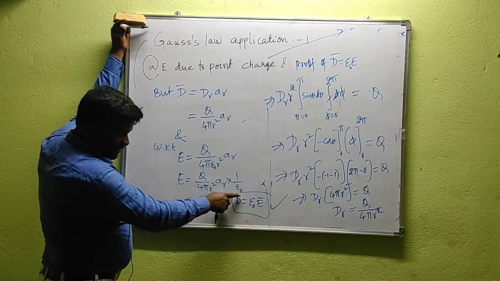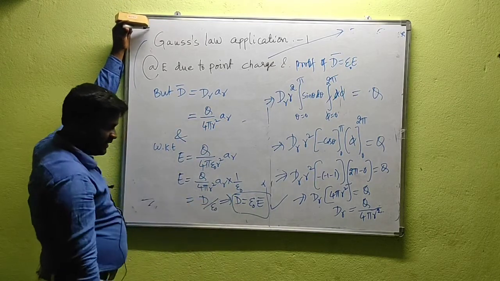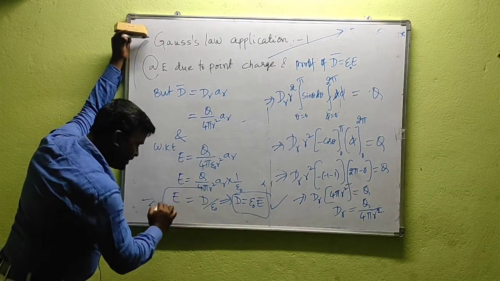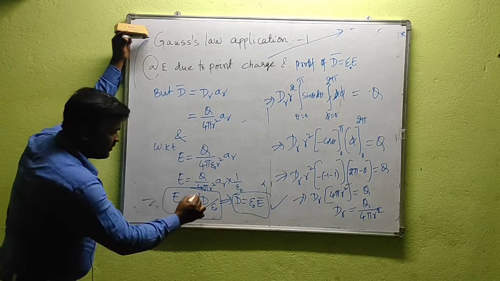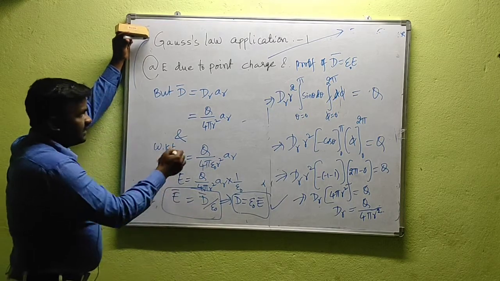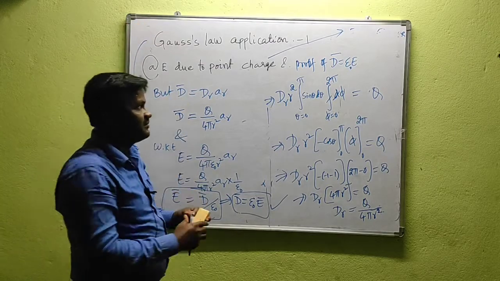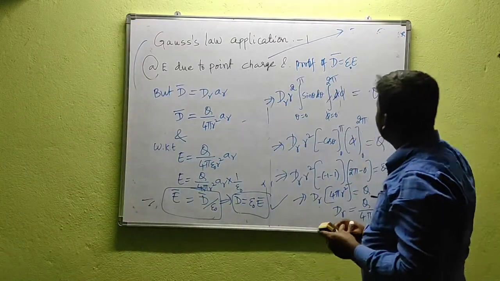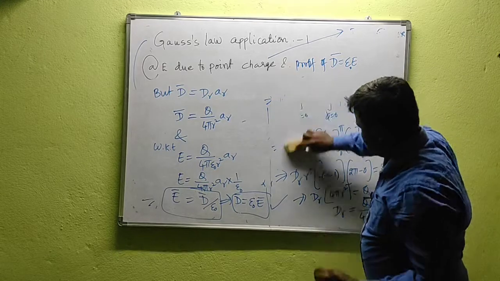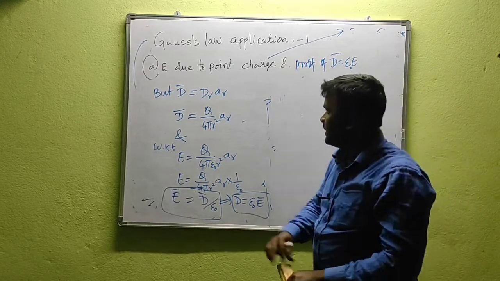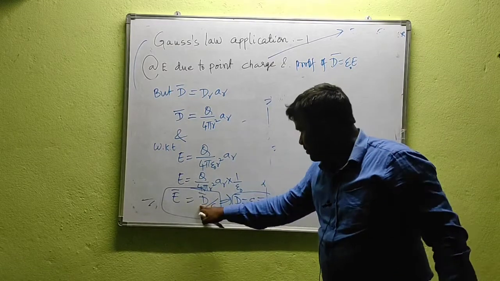Now we have the relation: D equals epsilon naught into E, and we have E as E equals D by epsilon naught. Already we have D. Now substitute the D in this one. Therefore, here E equals D by epsilon naught.